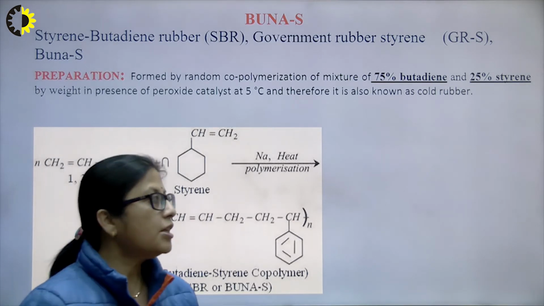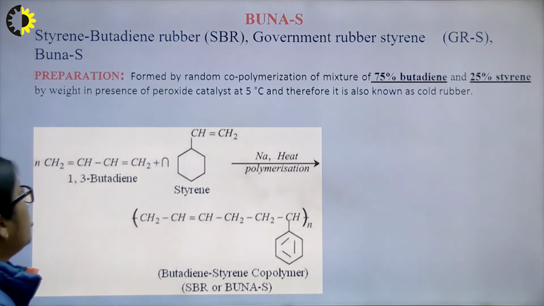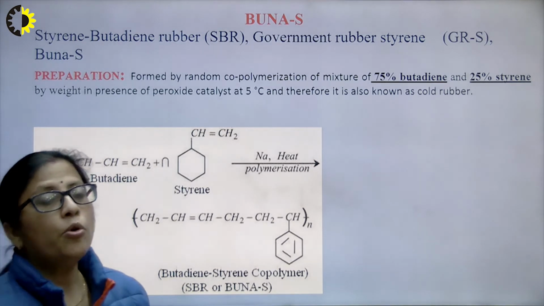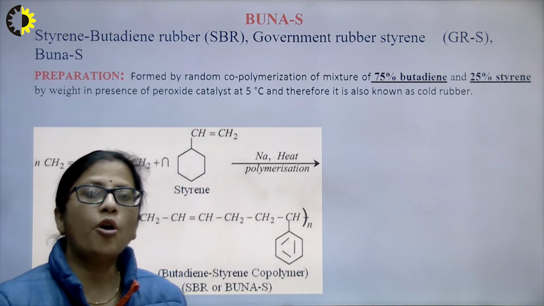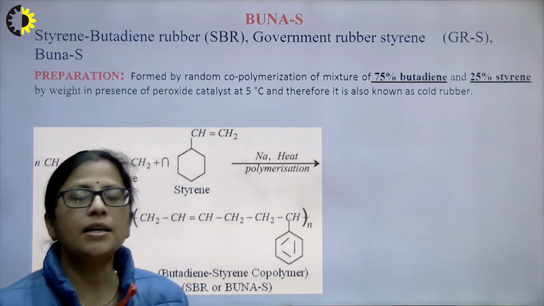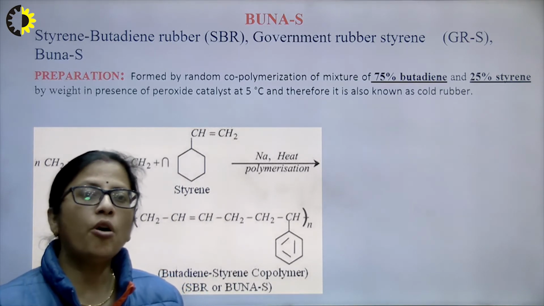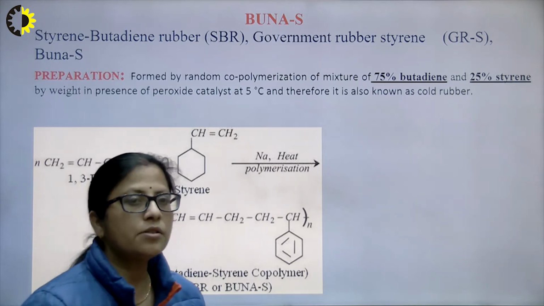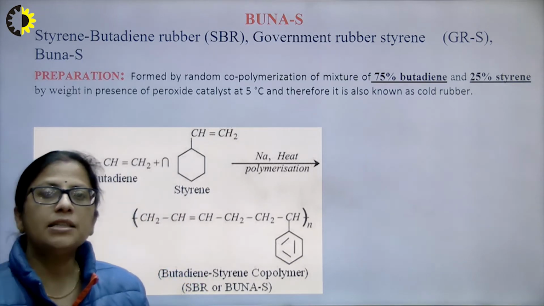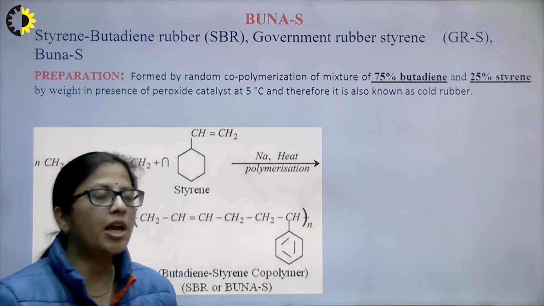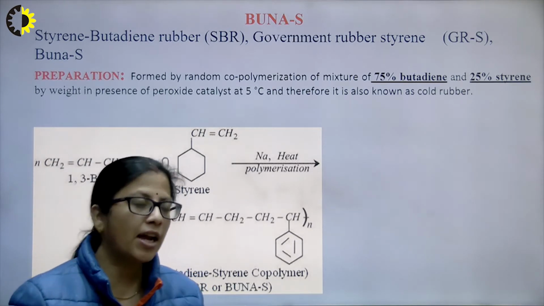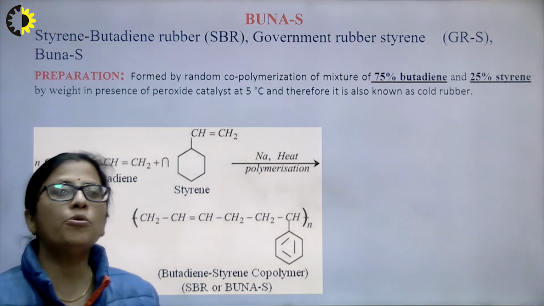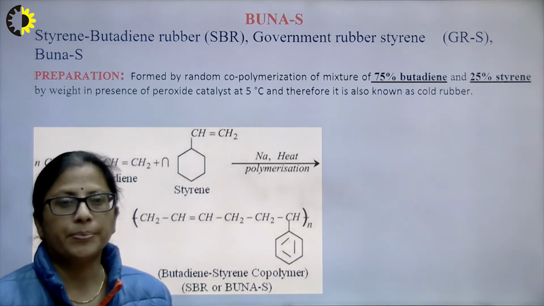Now, this Buna S is prepared by the random copolymerization of a mixture of butadiene and styrene in the ratio of 3:1 by weight in the presence of a peroxide catalyst. This reaction is carried out at 5 degrees centigrade. Therefore, this Buna S is also known as cold rubber.